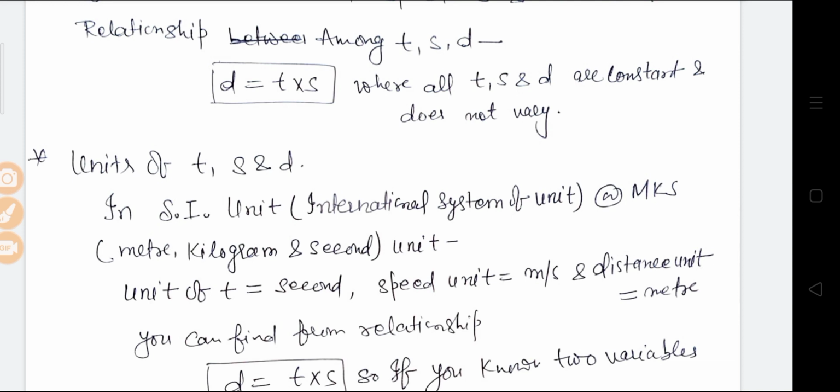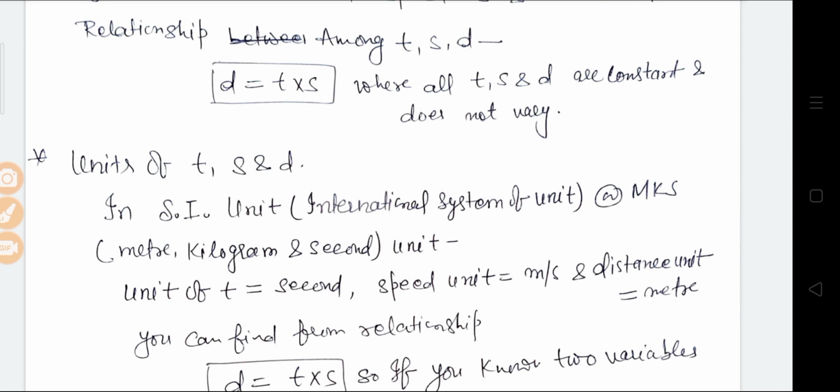M means meter, which is for distance, K, kilogram, is for mass, and second is for time. So in this system, time is second, speed is meter per second and distance is meter. Time and distance are primary units and meter per second is a secondary unit.